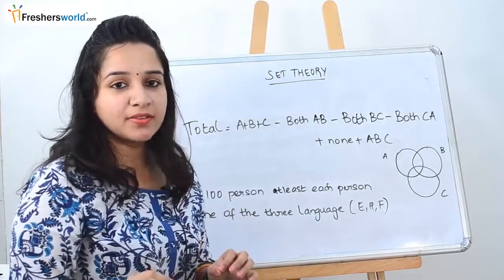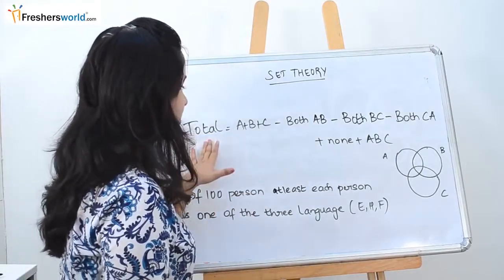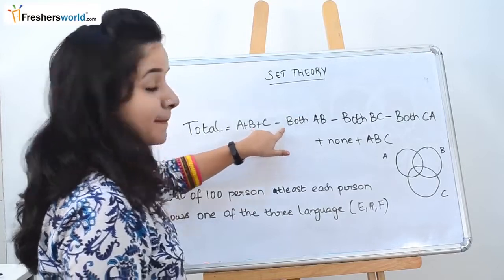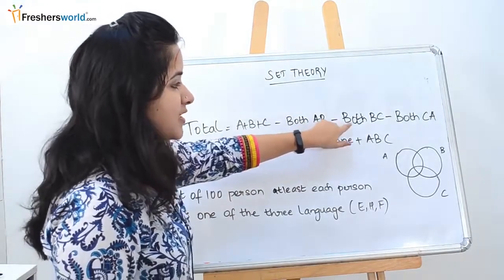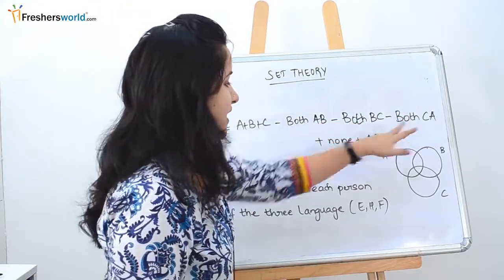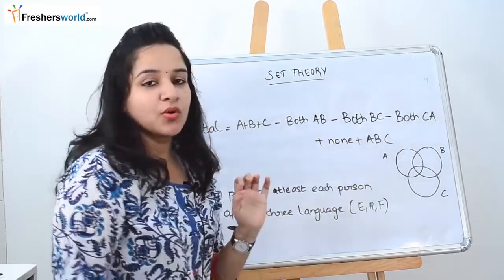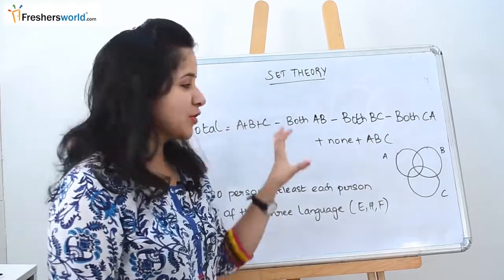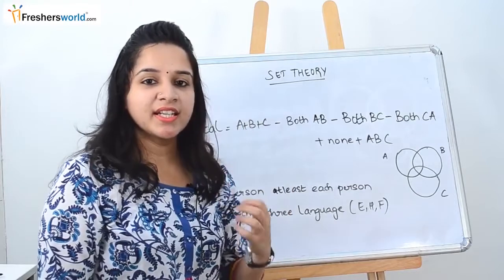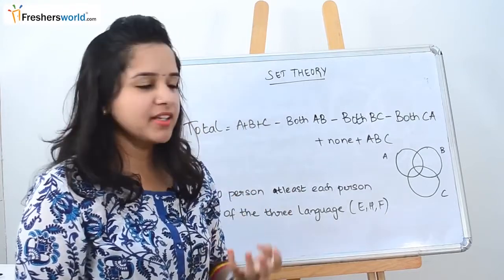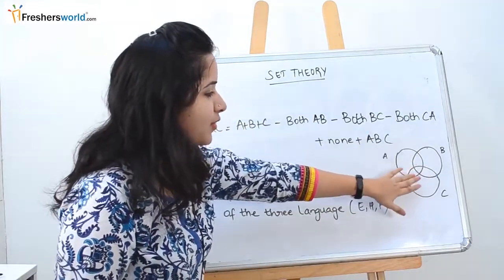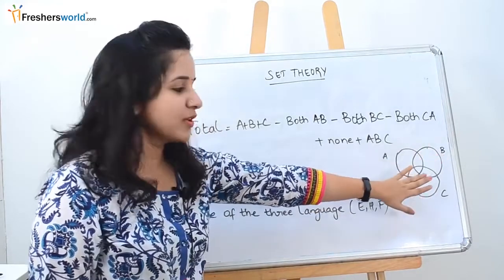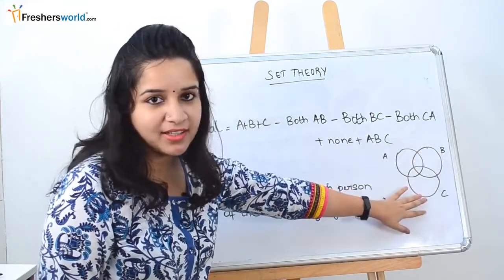So first is the formula, which is nothing but total is equal to a plus b plus c minus both a and b minus both b and c minus both c and a, plus abc, plus none. So there are a lot of questions which will be revolving around this. In a certain easy kind of aptitude exam, you can find that they would have given all the answers within A, B and C, and there will be a set of questions followed by it where you can directly answer from it.